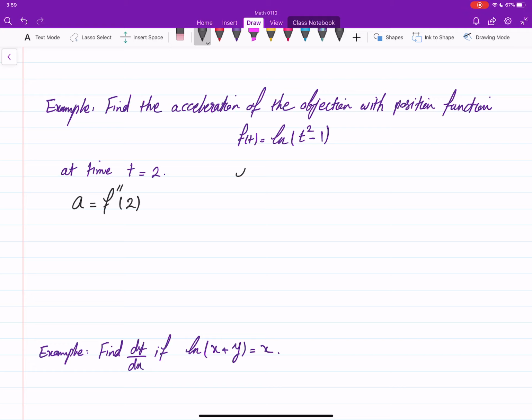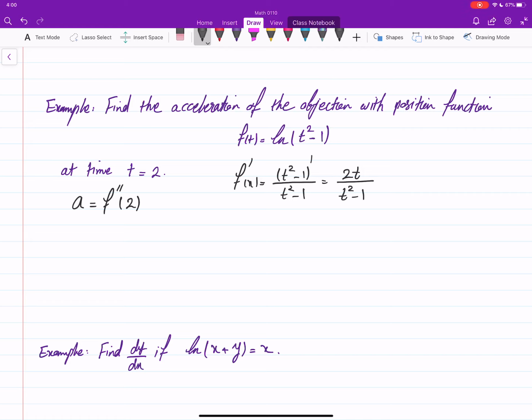So we have to find the first derivative of this, ln of this guy. This is t squared minus 1 prime over t squared minus 1 itself. This is 2t over t squared minus 1.